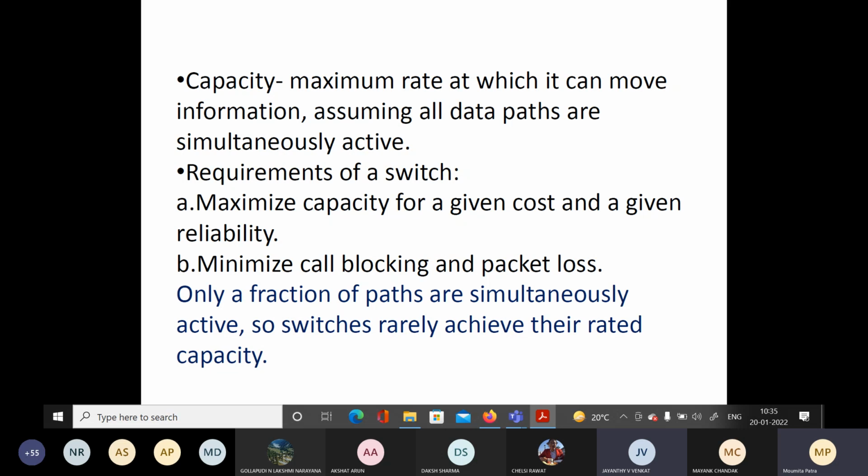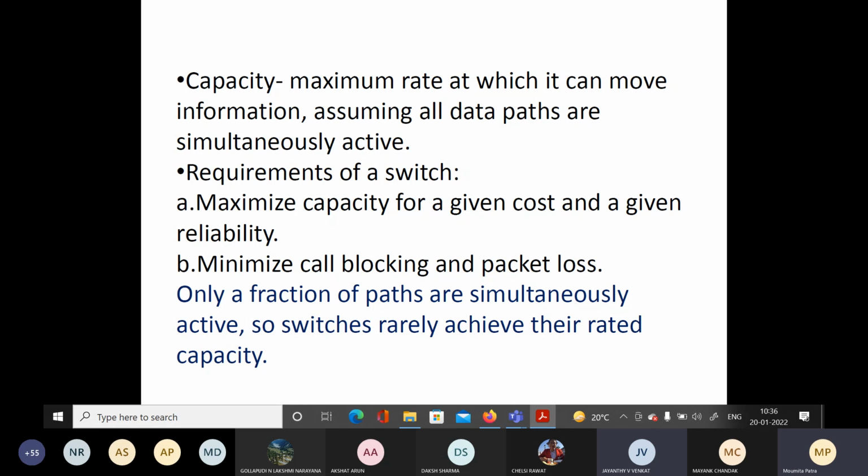So given a switch fabric that we have, the requirement is that you should get the maximum capacity for a given cost and a given reliability. That means maximum amount of data can be transferred at a given time. The second point is that we want to minimize call blocking and we want to minimize packet loss.